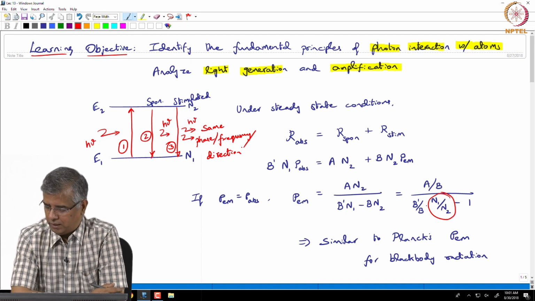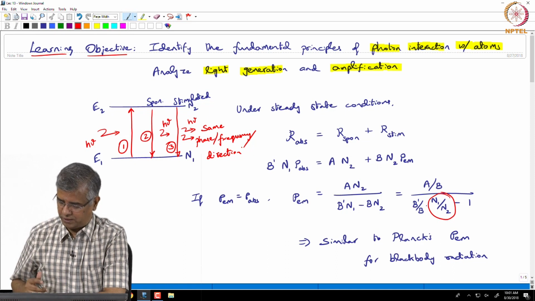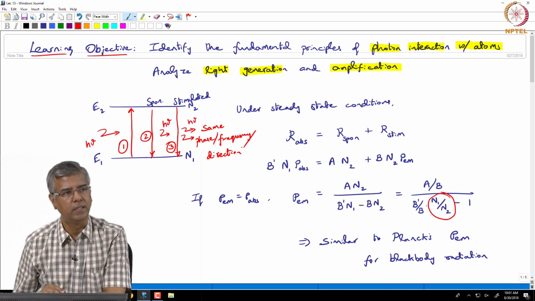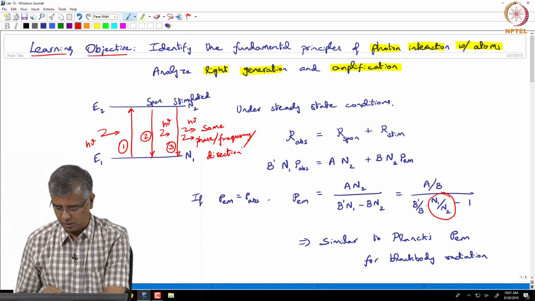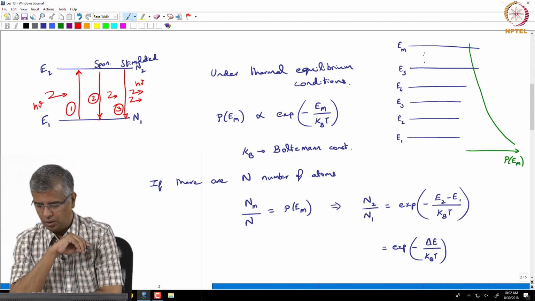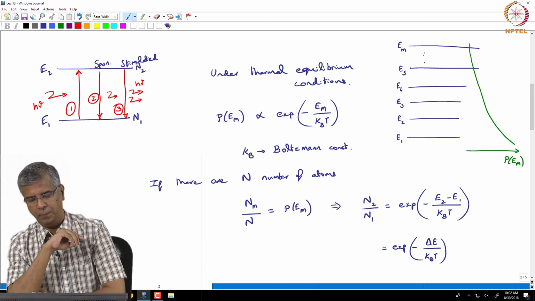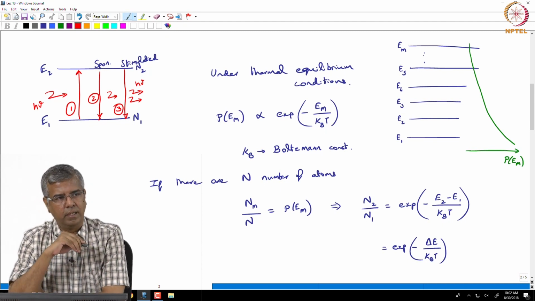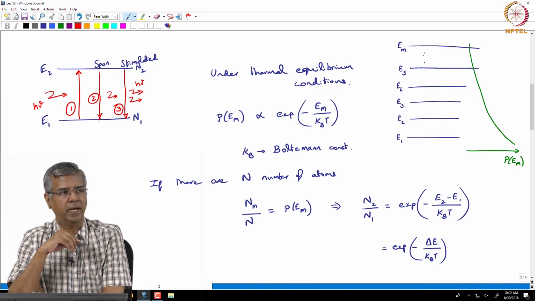And then we got an expression like this, and then we said, okay, this is similar to what Einstein actually realized is similar to what Planck had derived for black body radiation, and through that we started getting into looking at what black body radiation meant.